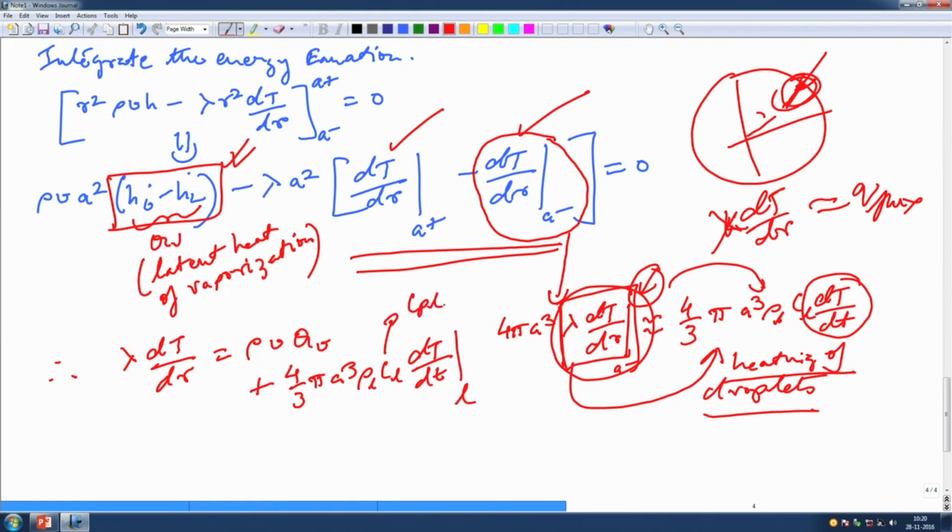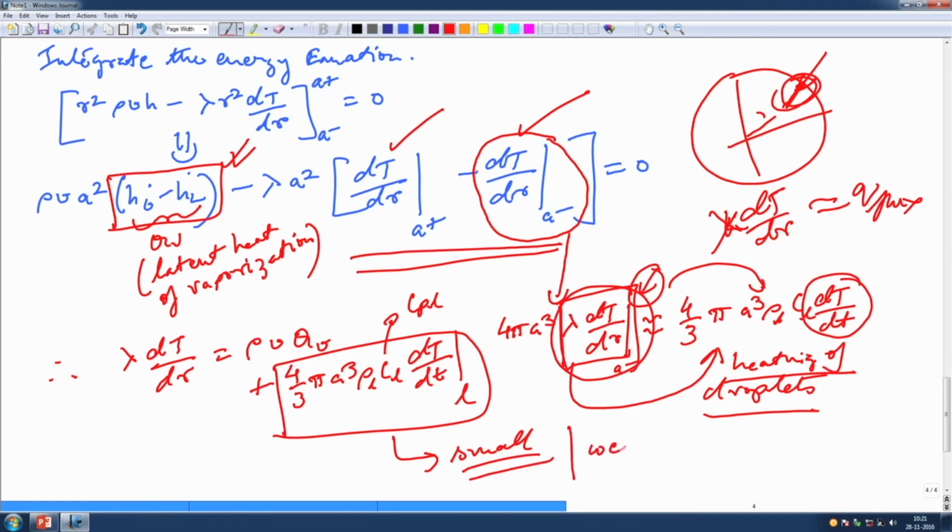Now, this portion is usually considered to be small, not always, but usually. There is a limit called the wet bulb limit, where this is equal to 0. But that happens not immediately, but after a certain span in the droplet lifetime.